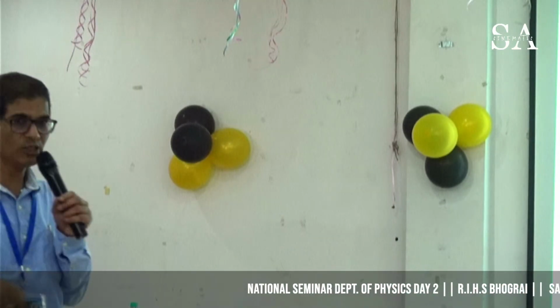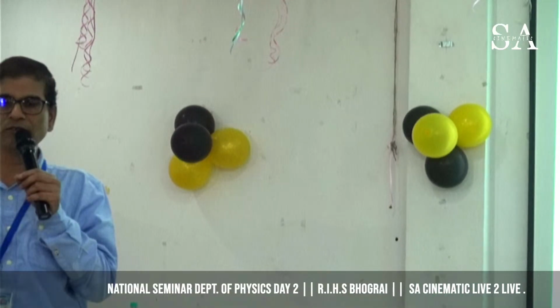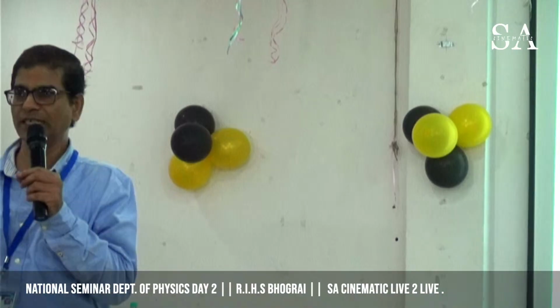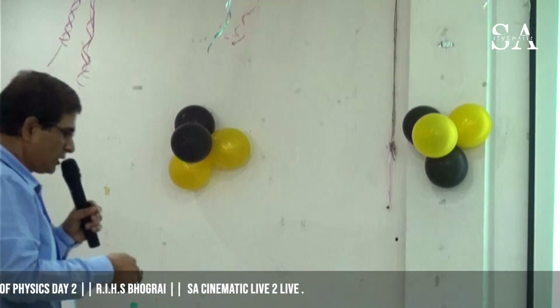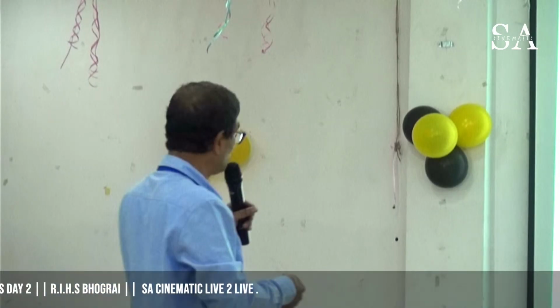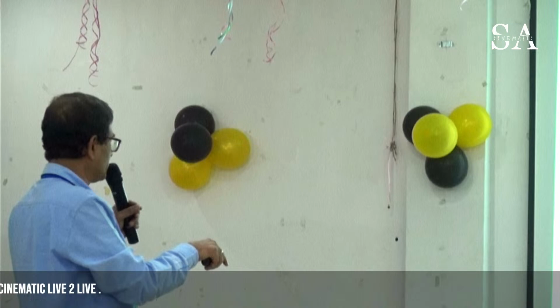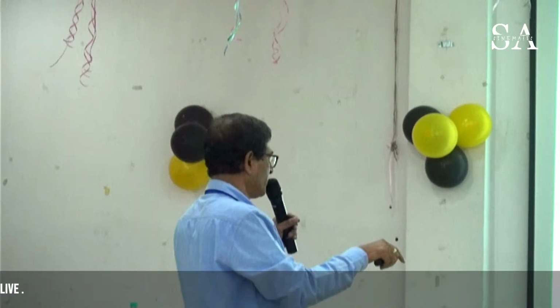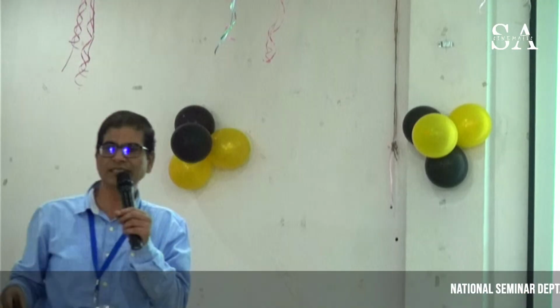Then the Higgs boson. The Higgs boson is a particle, I think some of you have heard about it, the popular God particle, which gives mass to every particle. One point here is that the Higgs field is exactly the same everywhere, whereas the magnetic and gravitational fields vary.